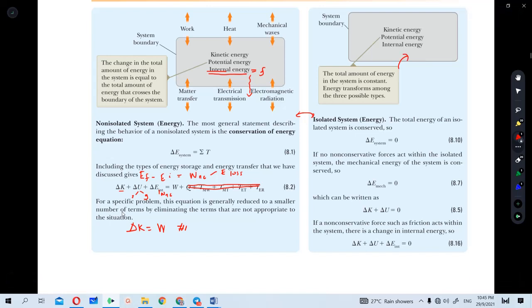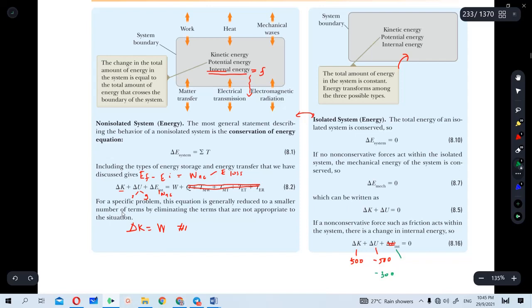So if, let's say, there is no friction, the change of kinetic energy is equivalent to negative 500. But when there is friction, this number is reduced to most probably 300.